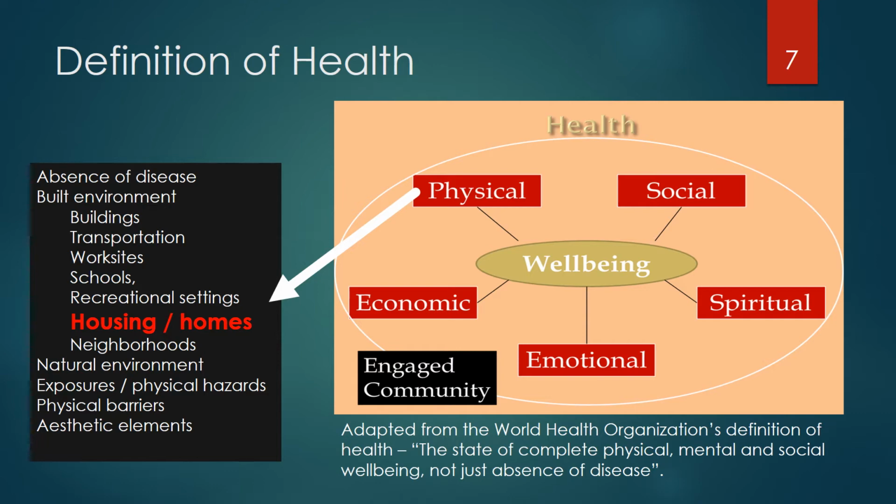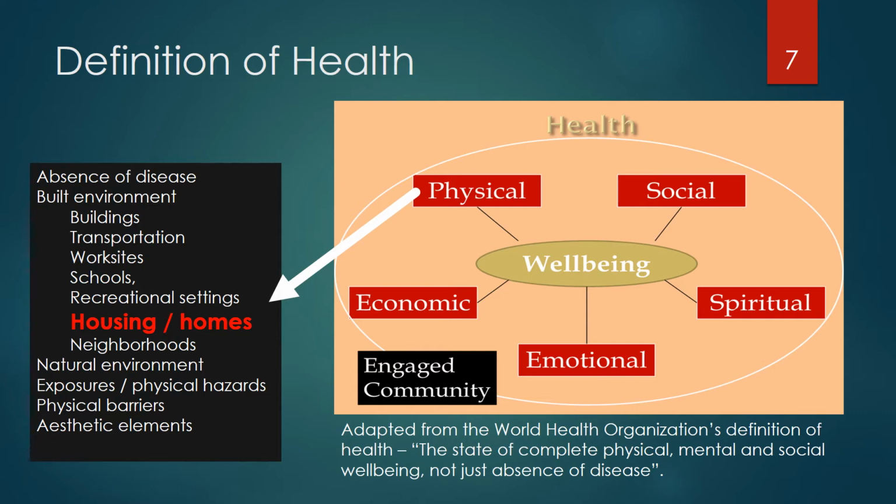To dissect this a bit further, physical health doesn't just relate to disease processes, but also the built environment as listed on this slide that includes housing and homes, the condition of neighborhoods, adequacy of and access to transportation, the viability of community businesses, and adequate schools.